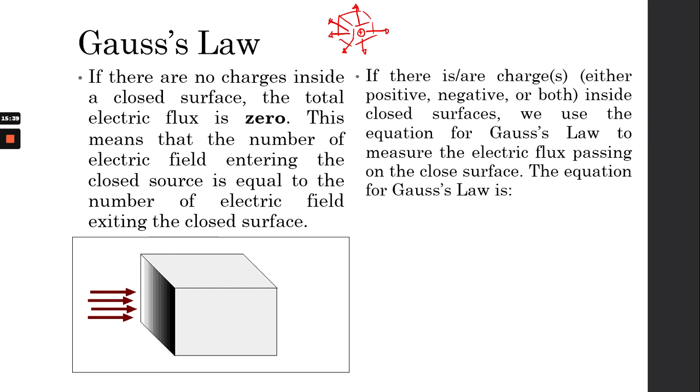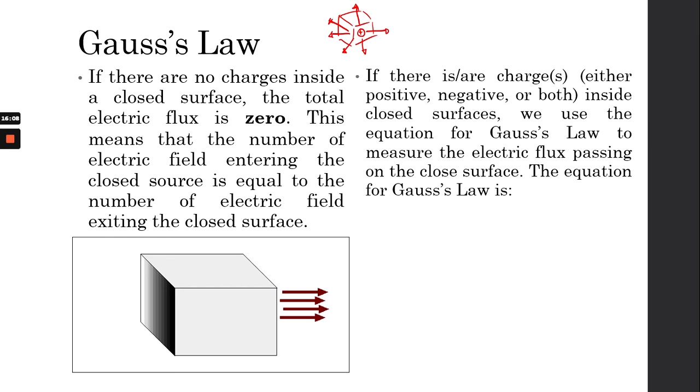So the amount of the electric field that is exiting is now not zero, because you have a charge inside. So when you have a charge inside, whether it be positive, negative, or both, however many charges you have inside, you can use Gauss's law to measure how much electric flux is passing on that closed surface.